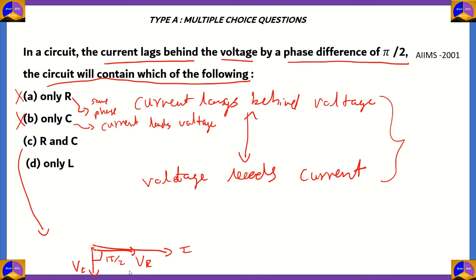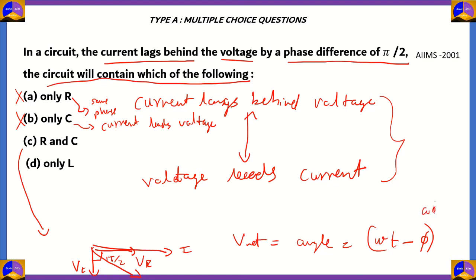So therefore, the V net that we get will be having an angle which is equal to omega t minus phi. So therefore, which cannot be equal to pi by 2.